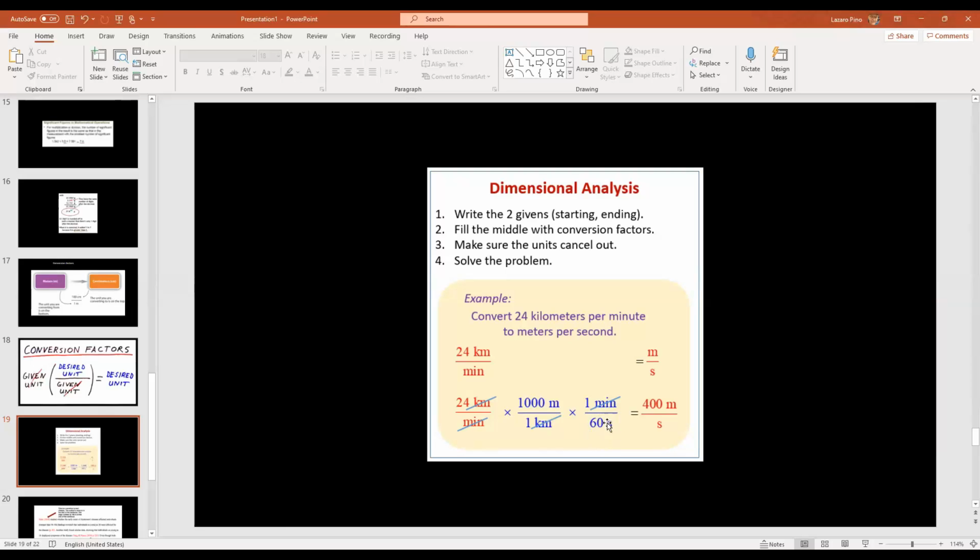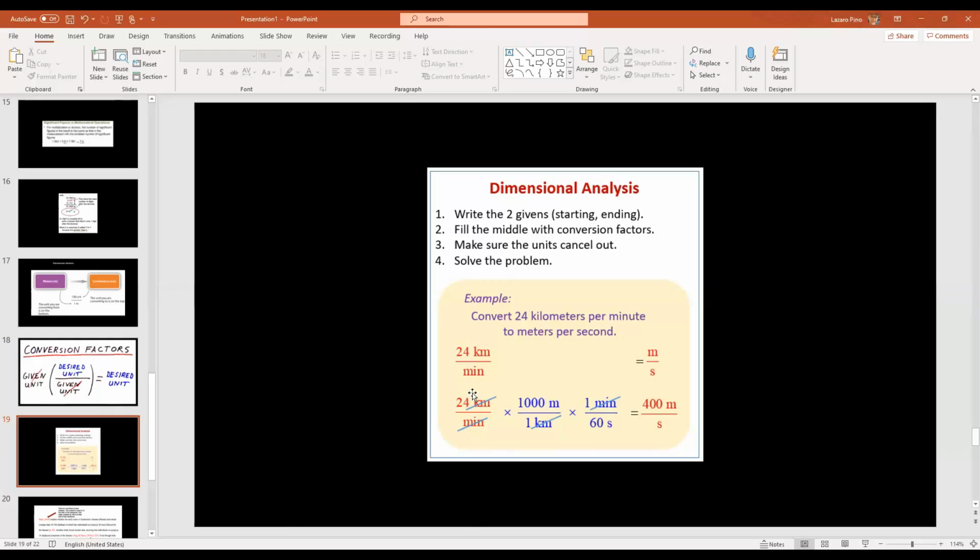And the desired one will be, in this case, in the bottom because it is in the bottom in the desired unit. After that, you cancel out all the units in such a way that you get only the units that you're looking for.